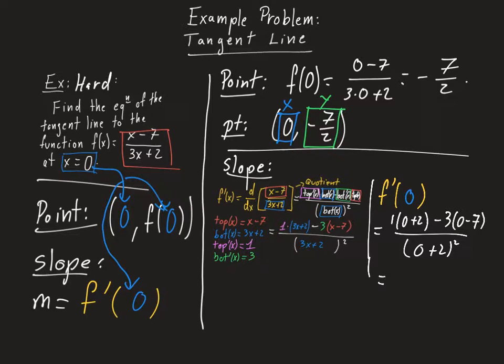Now this is going to be equal to 2 minus negative 21, or plus 21, divided by 4, which is itself equal to 23 over 4. This is our slope, m.